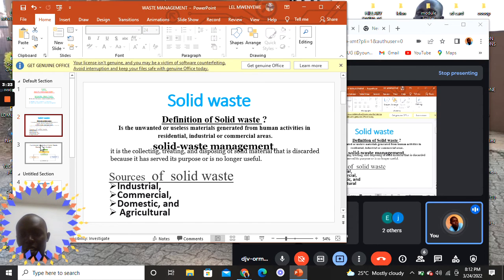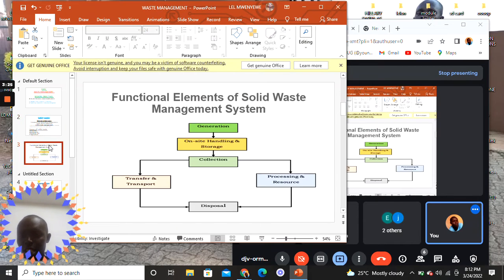Then we shall now focus on the fundamental elements of the solid waste management system, the hierarchy of how solid waste can be managed. The first step is always generation, where solid waste is generated at the source.